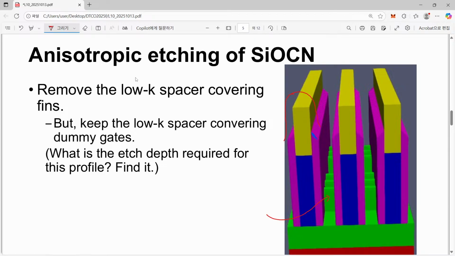Frankly speaking, I wanted to make a conclusive answer for this issue and tried my best to find one way, but unfortunately I failed. And it seems that nowadays this fin sidewall is not retained, so we etch it away in this style.